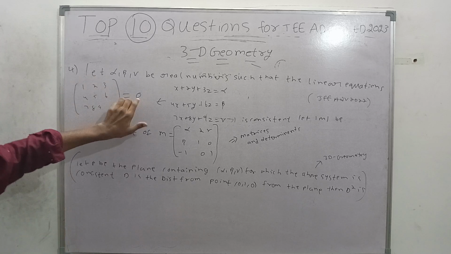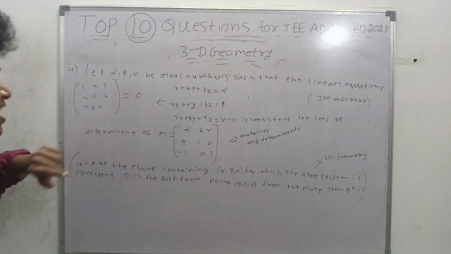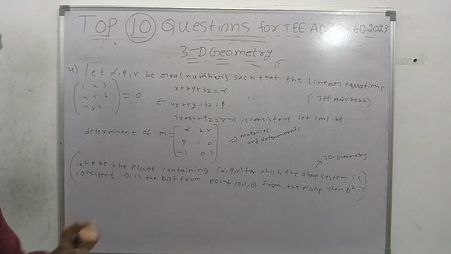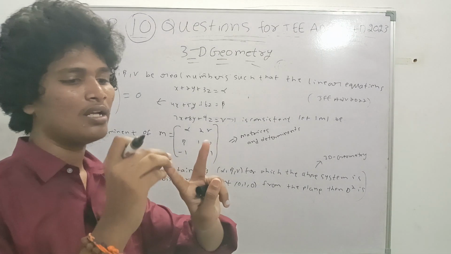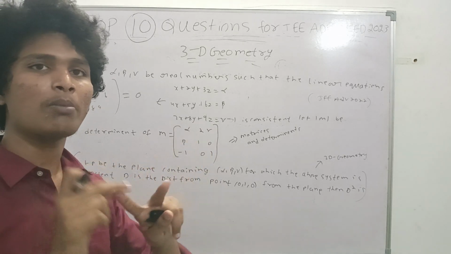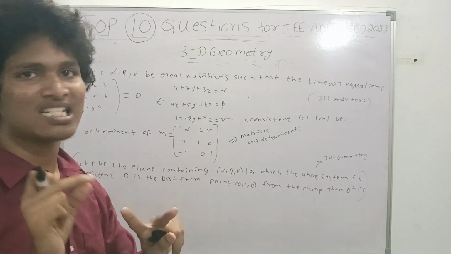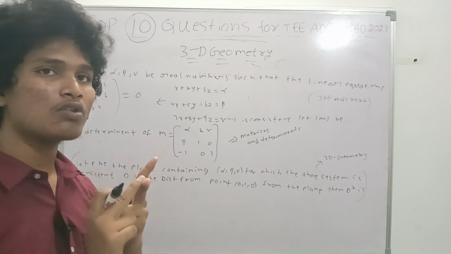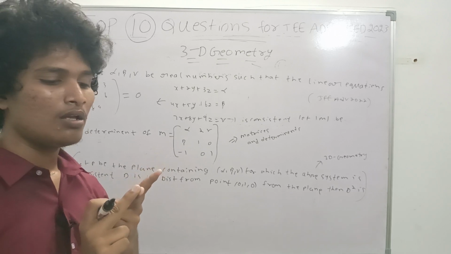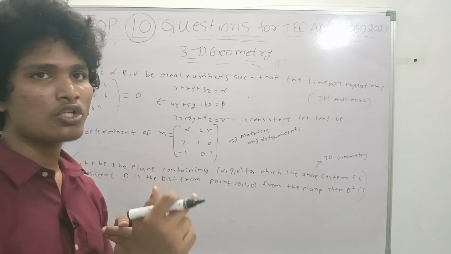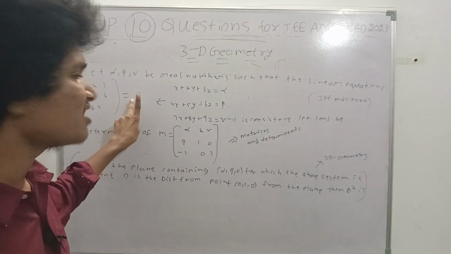So you can solve and get the determinant as 0. In Cramer's rule there are two conditions: determinant not equal to 0, and determinant equal to 0. Determinant not equal to 0 gives a unique solution, that is consistent. Determinant equal to 0 again has two conditions. One is infinite solutions, which is consistent.